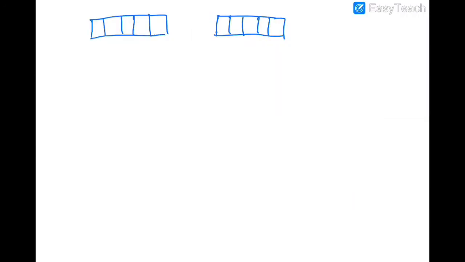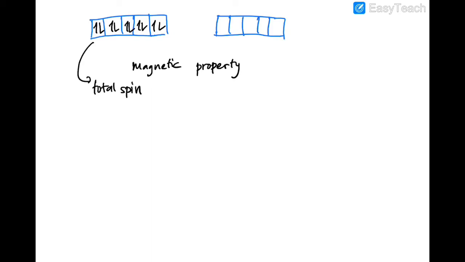The arrangement of the electrons in the orbital also influences the magnetic property of the atom. When all of the electrons are paired, for instance in 3d10 like this, the total spin amounts to 0, because you have 5 plus half, and you also have 5 minus half.